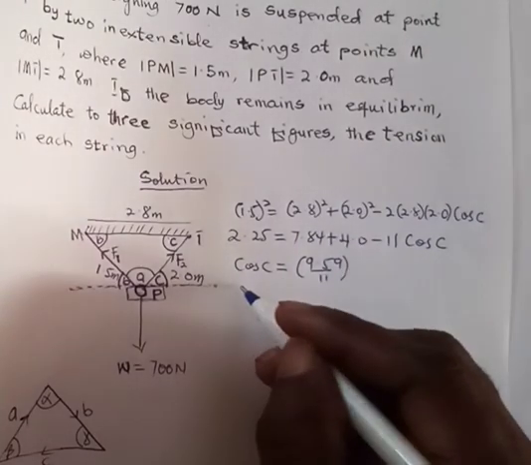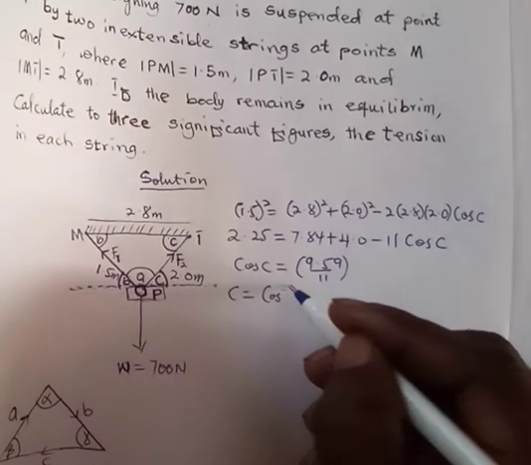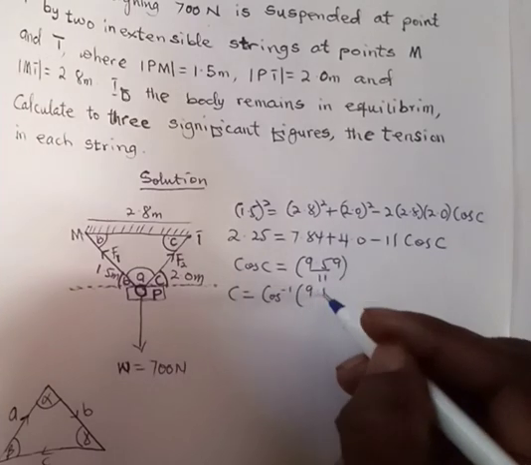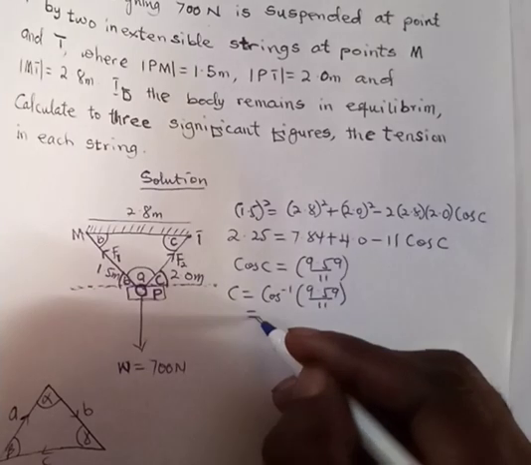So when you take cos inverse, then we are getting C is equal to cos inverse of what? 9.59 divided by 11, which gives us what?